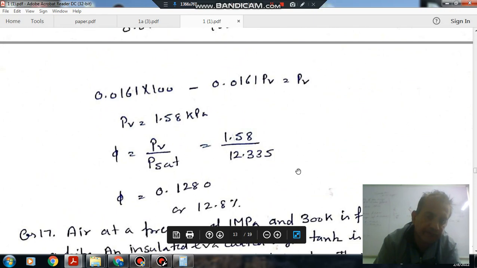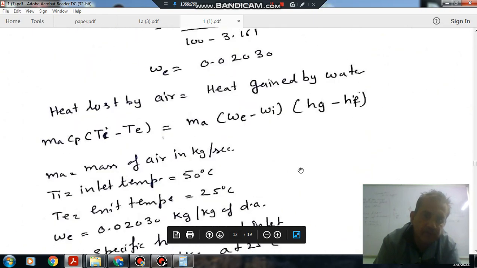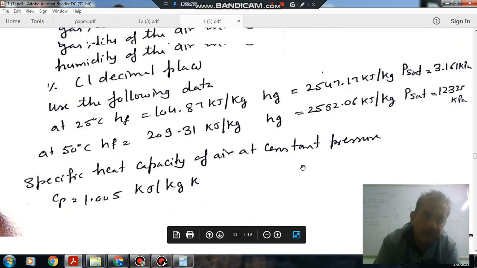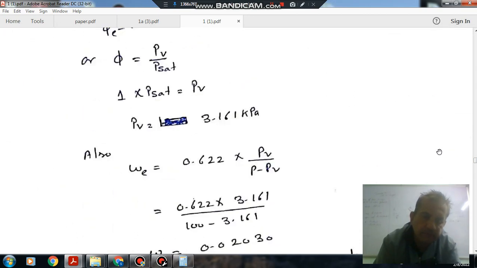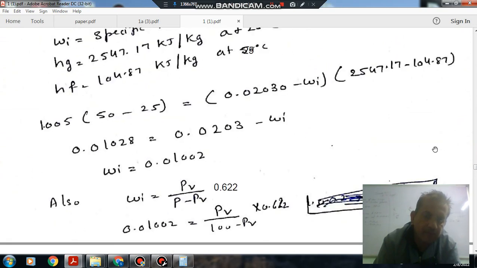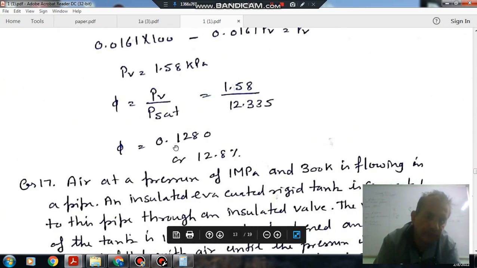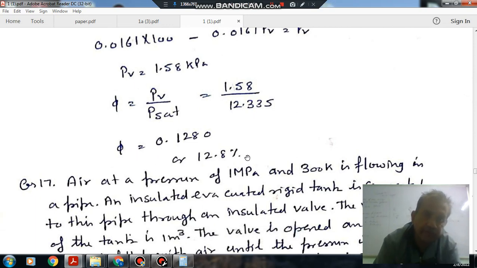So P saturated at inlet is 12.358. So this will be your relative humidity in fraction. In percentage it is 12.8%.